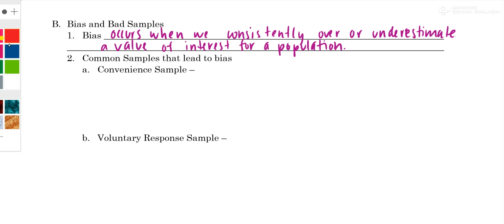So let's say that I am interested in finding out the average GPA right now of every student at Edison. I'm not a counselor. I don't have access to all of your Atlas information right now. And I am way too lazy to go and ask every kid what their GPA is.